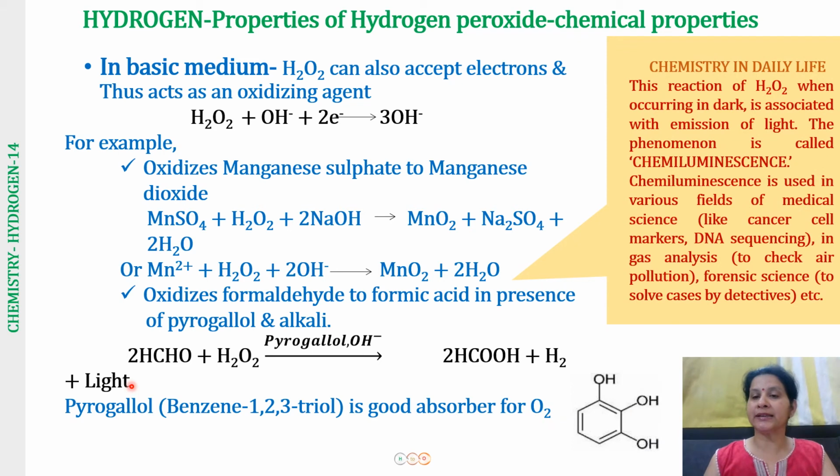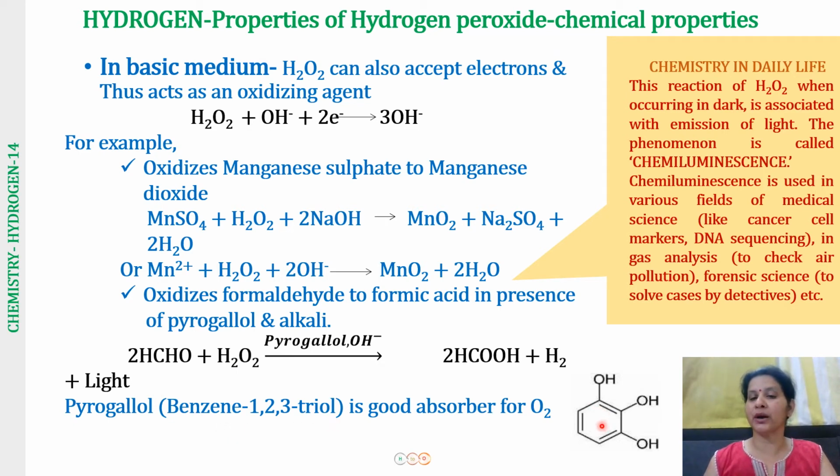This reaction of H2O2 occurs in dark, and it is associated with emission of light, and this phenomenon is called chemiluminescence. This chemiluminescence is used in various fields like medical science for cancer cell markers, DNA sequencing, in gas analysis to check air pollution, forensic science to solve cases by detectives, etc. This is a very important reaction, and here also do remember the structure of pyrogallol. Pyrogallol is benzene 1,2,3-triol.